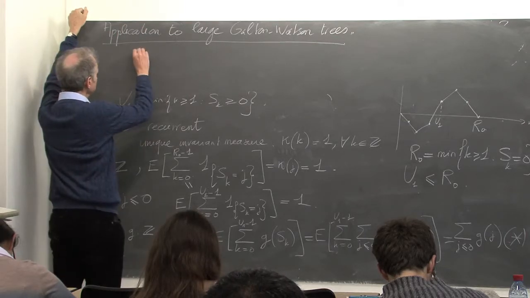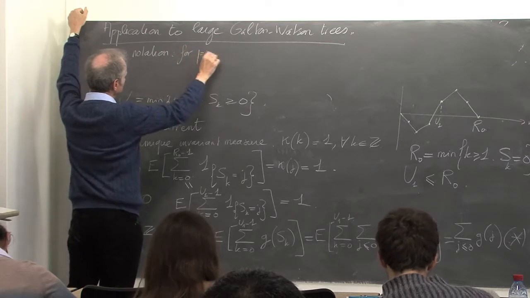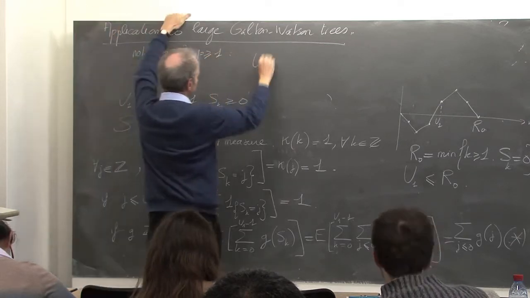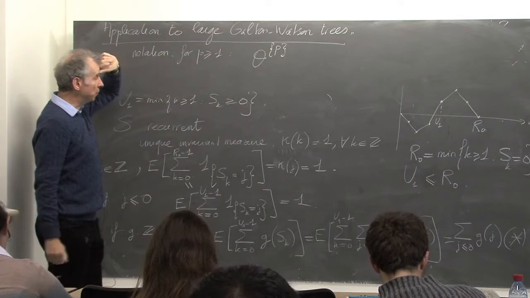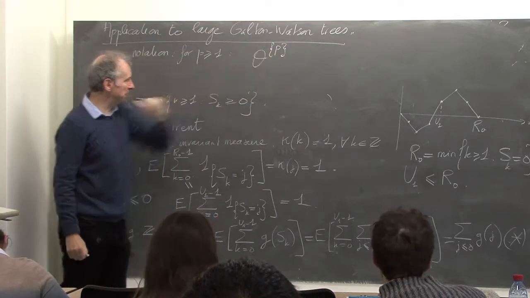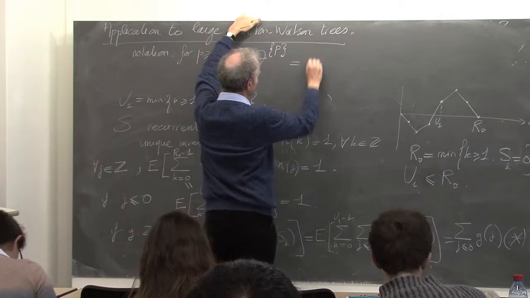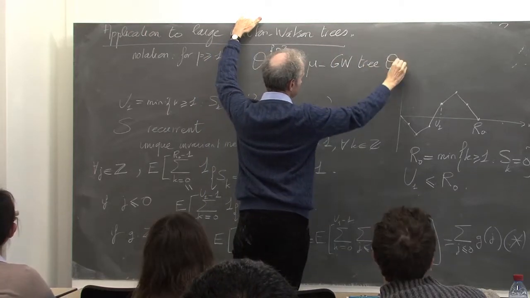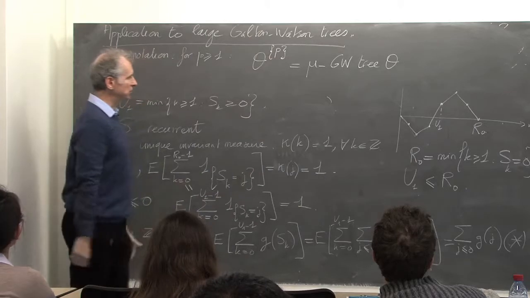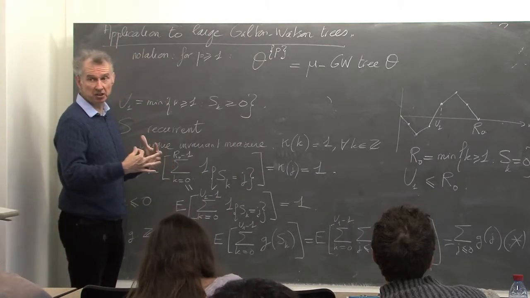So notation: for p greater than 1, I will write it in this way, theta brace p. And this will be a mu Galton-Watson tree, always the same thing, but I will do some conditioning. I will force my tree to be large in some sense.